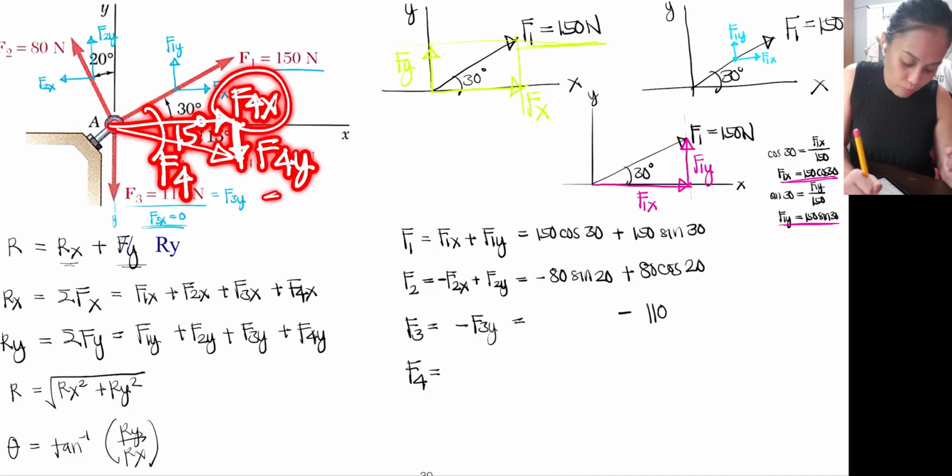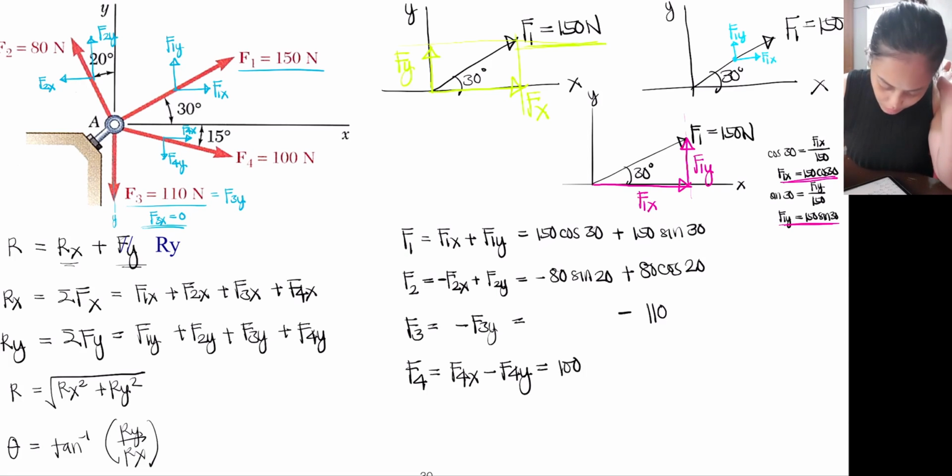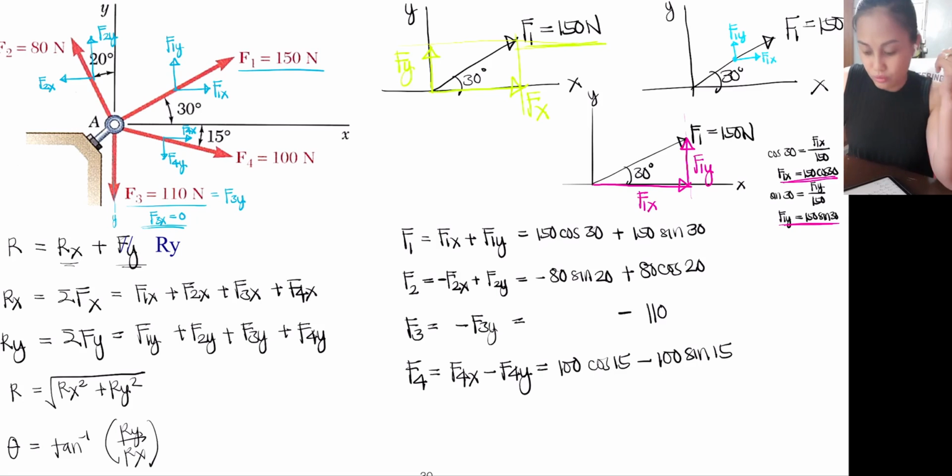But ang y component is opposite the angle, so sine atong gamiton. So, we now have F4x positive minus F4y equals 100 cosine 15 degrees minus 100 sine of 15 degrees.